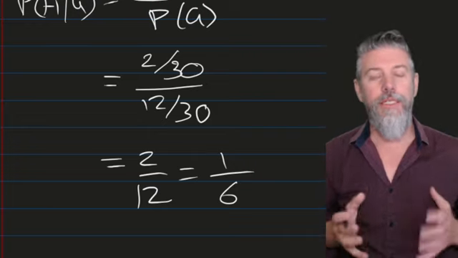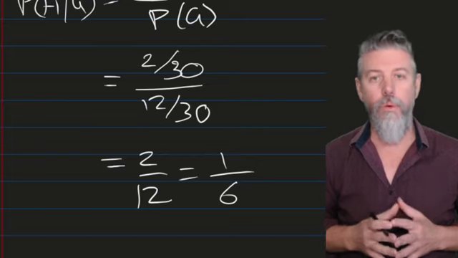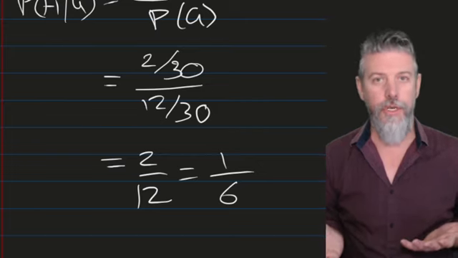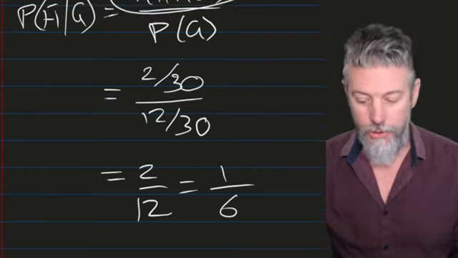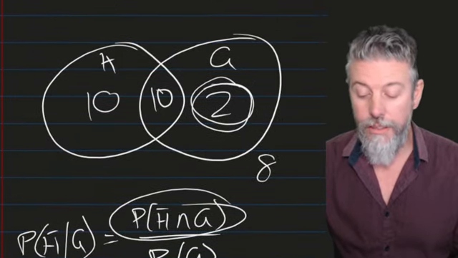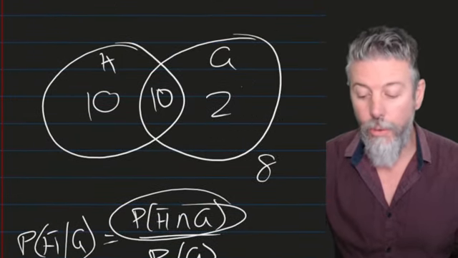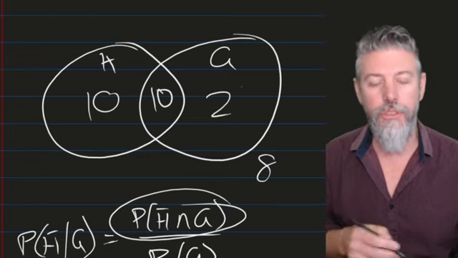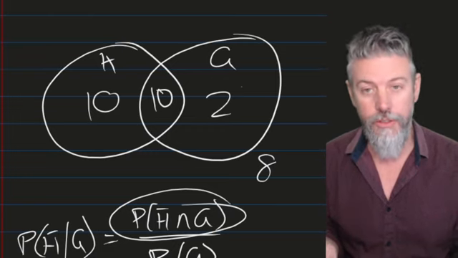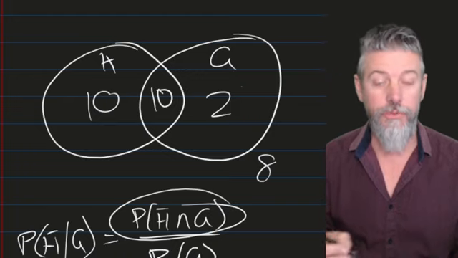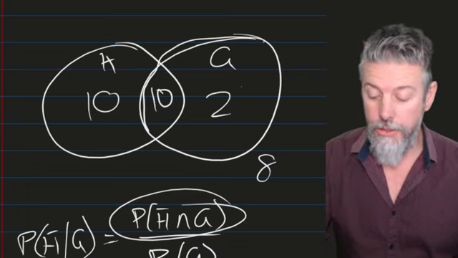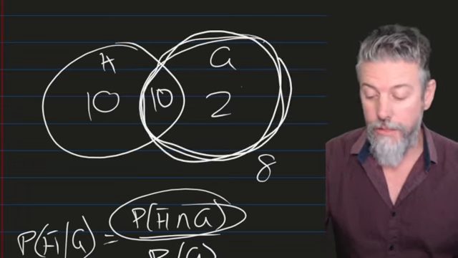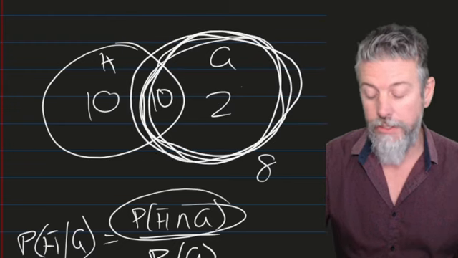Now, some of you may see that happen and go, well, why not just get that straight off the diagram? Okay, so what does that actually mean, being able to do that? So let's consider what's being asked. What is the probability of a student not studying history given they study geography? So what does given they study geography mean? Well, given they study geography, we are now locked in to this part of our Venn diagram.